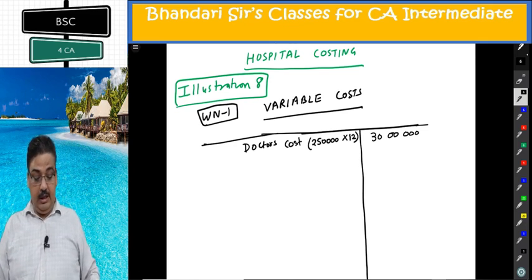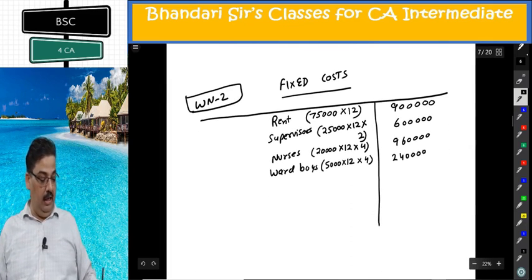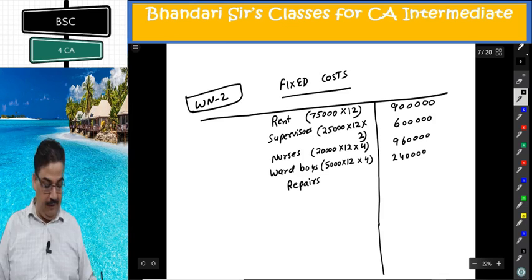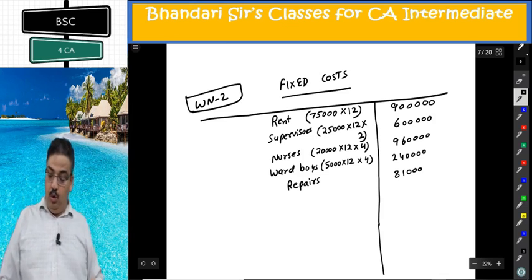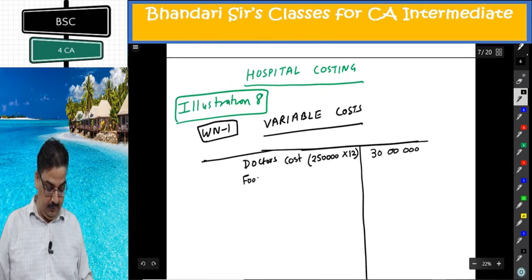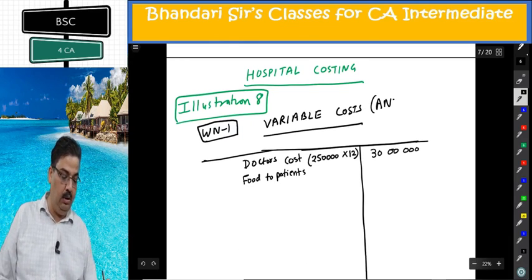Then comes fixed expenses and they are given for the year. So directly to be put, repairs, in bracket clearly written fixed, 81,000. Food to patients, written variable, so I'll put in the variable cost. Food to patients, to make clarity in bracket write annual.